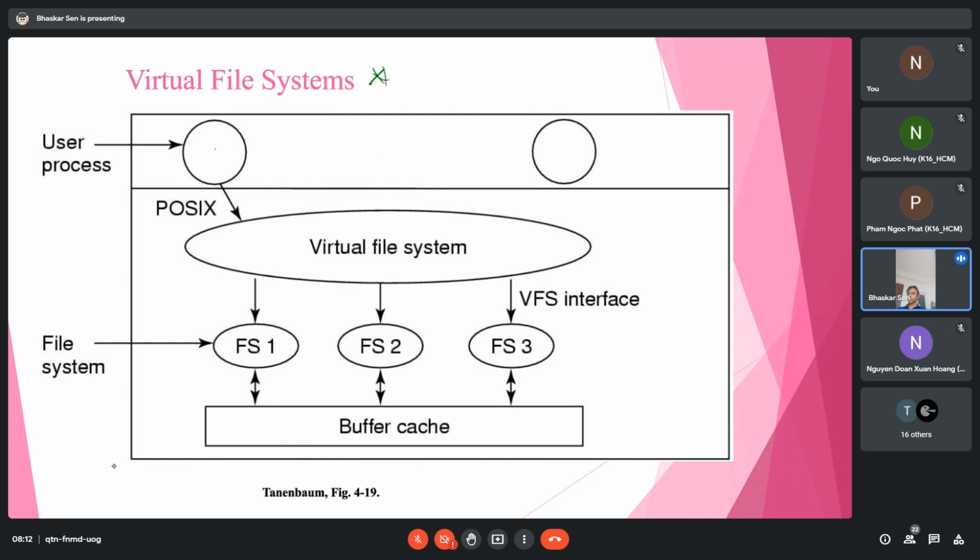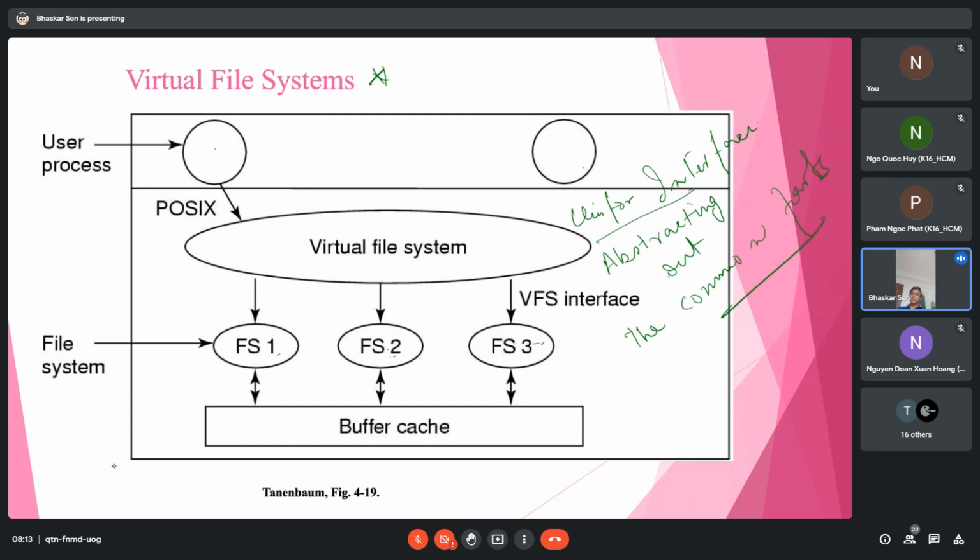As you can see, these are user processes. Now they don't have to worry about whether they are interacting with file system 1, file system 2, or file system 3, because they have this virtual file system, which is again a uniform interface, and this was created by abstracting out the common parts.